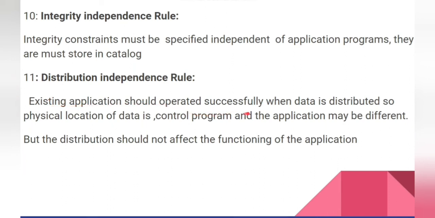We have number 11, the distribution independence rule. Existing applications should operate successfully when the data is distributed. So the physical location of data, the control program and the application may be different. The distribution independence rule tells us that existing applications in the DBMS system operate successfully when we distribute the data. Wherever the data is present, our application program will run smoothly and provide services to the user.